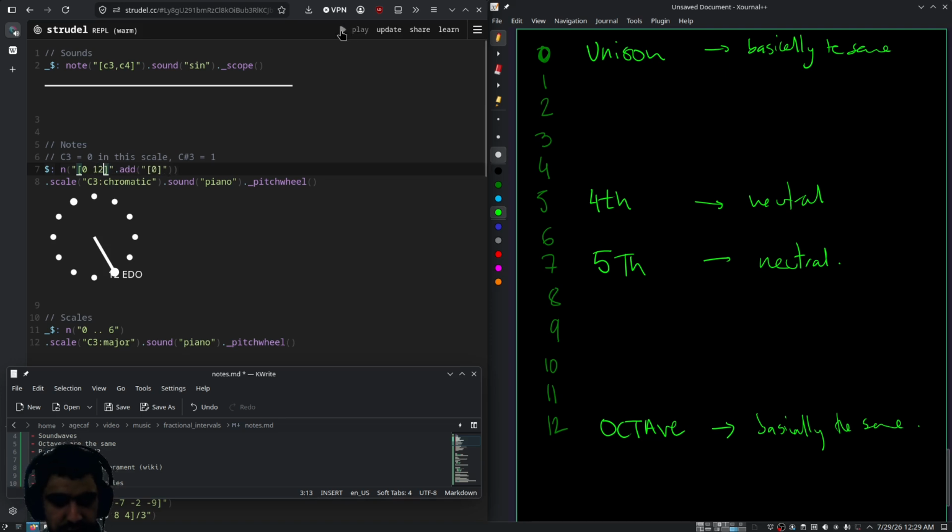And the 12th would sound like this. As you can see, our pitch wheel is telling us we're just playing the same note at different heights, but for our purposes it's going to be the same note. Okay. And the chromatic scale is like all the numbers from 0 all the way up to 11.